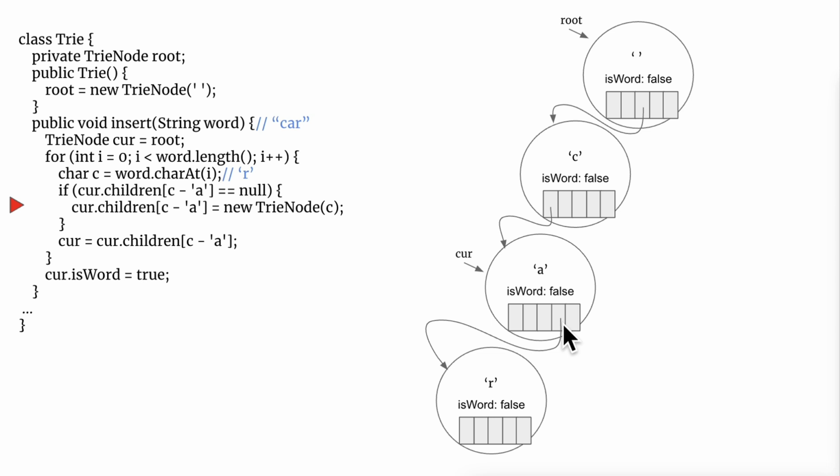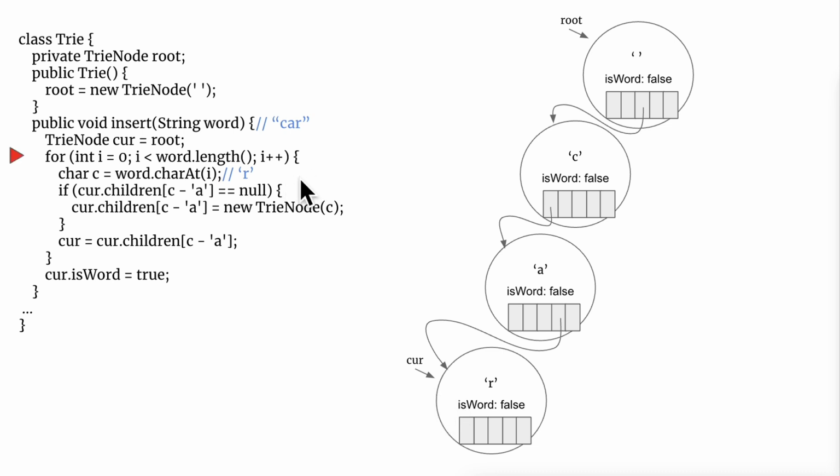As I said, I cannot draw the whole array of 26 size here, so we can imagine this is a 26-sized array, and this index is index 17. We copy this trie node reference address to the pointer cur so that the pointer cur refers to this node as well.